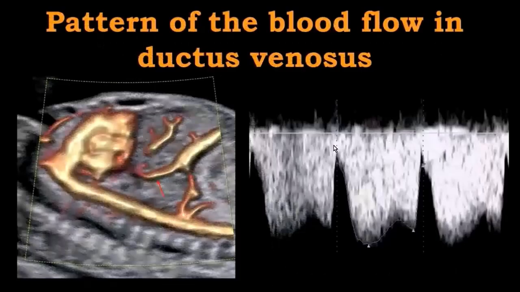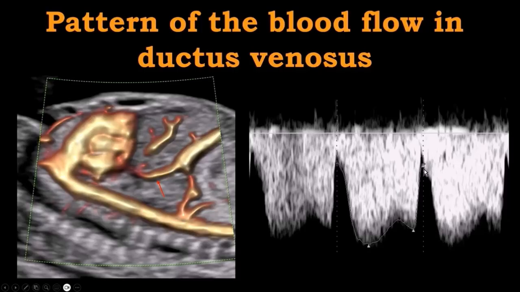Later on, we also added another marker, which is the pattern of the blood flow in the ductus venosus. Here you can see a fetus at 13 weeks gestation, in a sagittal plane where ideally we need to interrogate the ductus venosus. The typical blood flow pattern demonstrates three waves: the flow during systole, during early diastole, and then a decrease of the flow during atrial contraction.